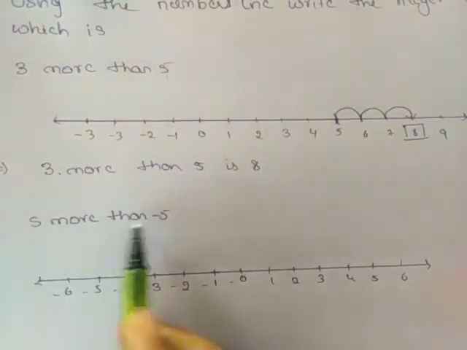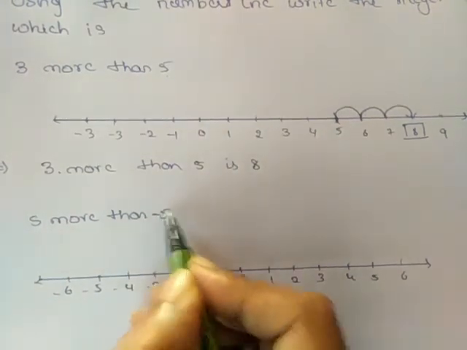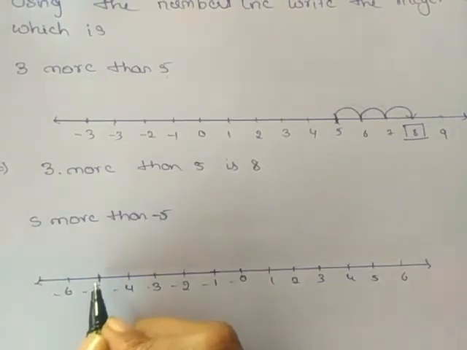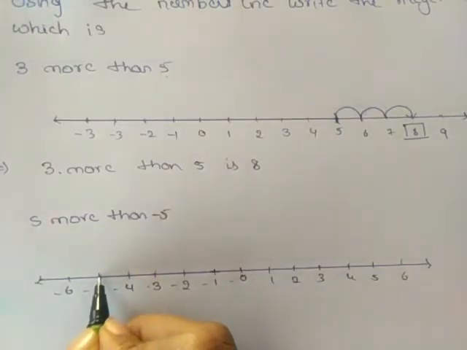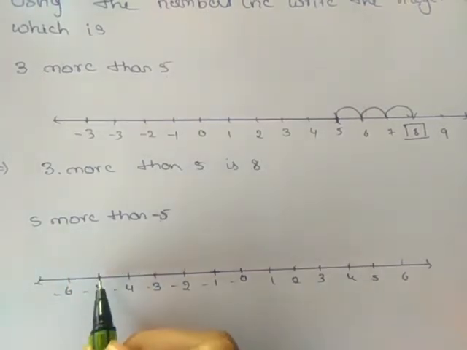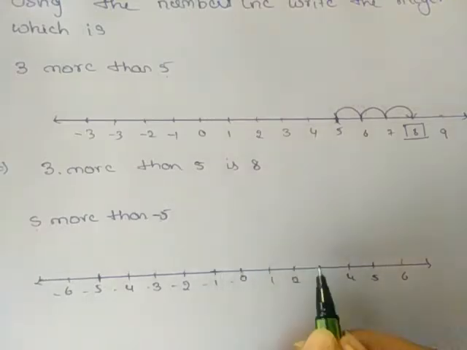Then B, 5 more than minus 5. First we need to start from minus 5. Minus 5 is here, right? From minus 5, more than means we need to move in a right direction for 5 steps. From minus 5 we need to move in a right direction, isn't it?